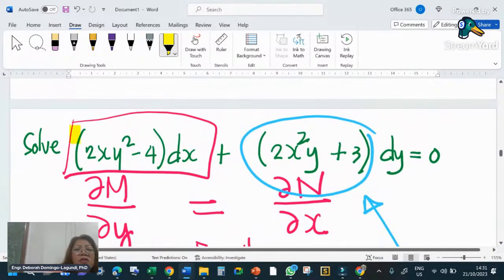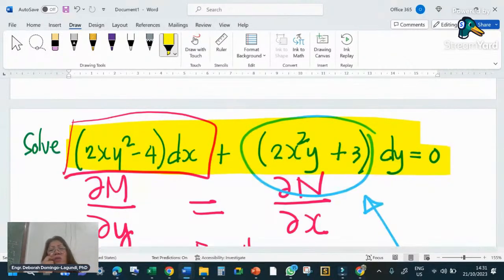Okay, here, 2xy squared minus 4 dx, 2x squared y plus 3 dy. Okay, so we have eliminated the dx dy, and we came up to the answer.